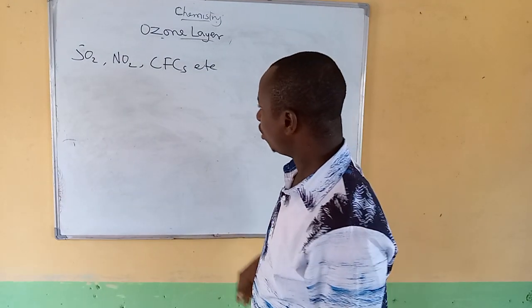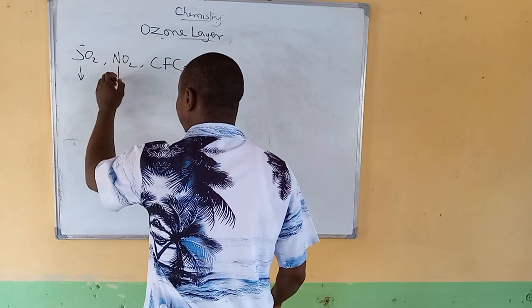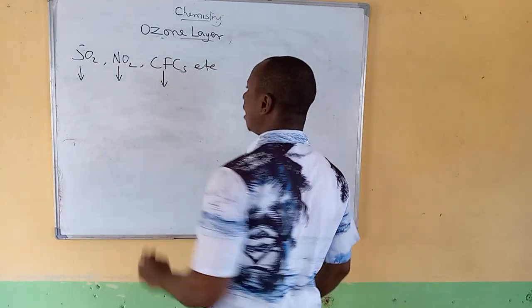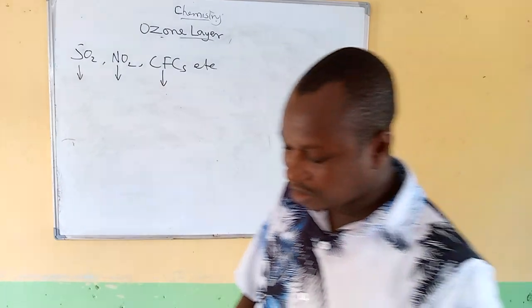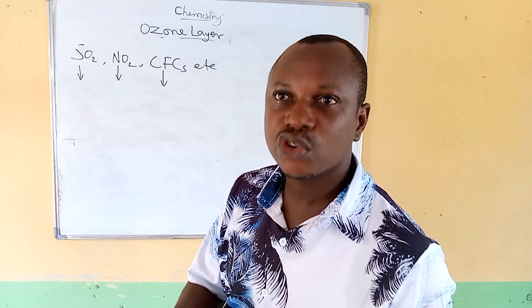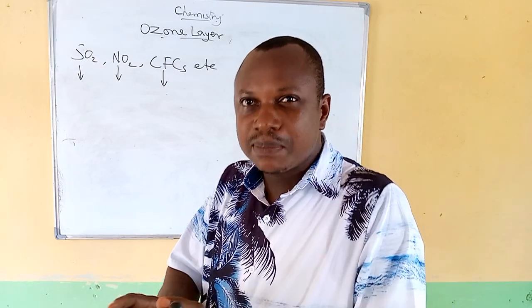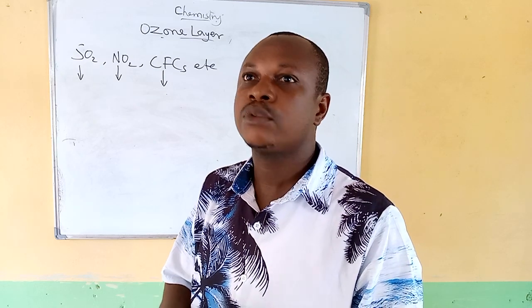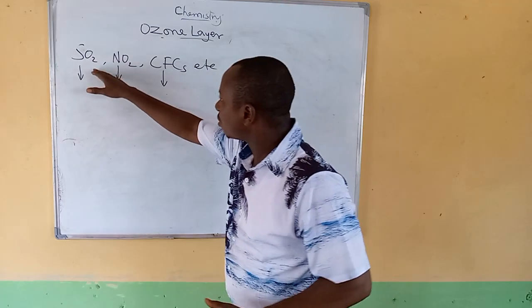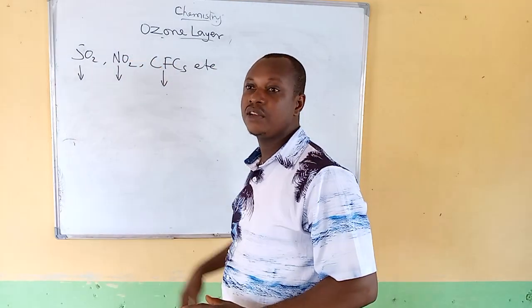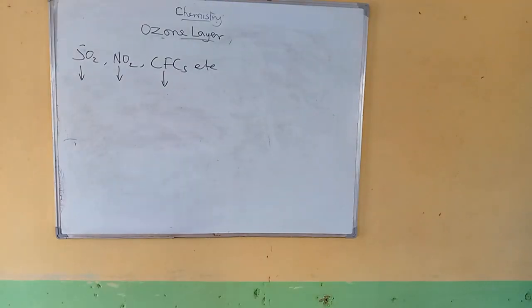So we will look at how these harmful gases react with ozone and how it will be released into ordinary oxygen. Remember, ordinary oxygen cannot act like ozone because ozone is specifically and naturally meant for absorption of harmful ultraviolet light. So if these attack ozone, let us see how it will be depleted to simple oxygen. Stay tuned.